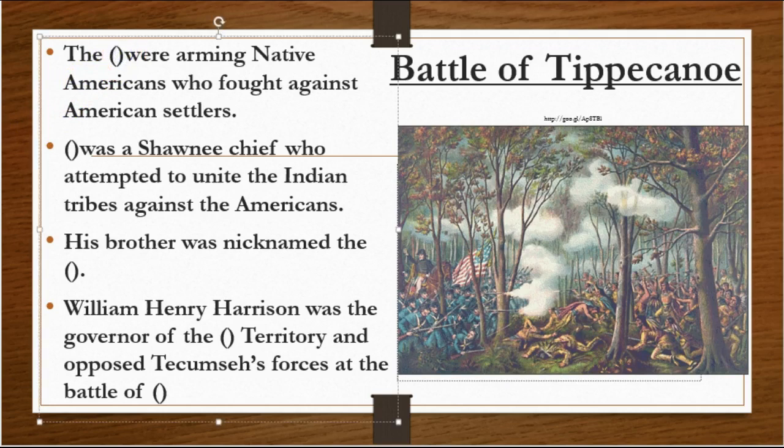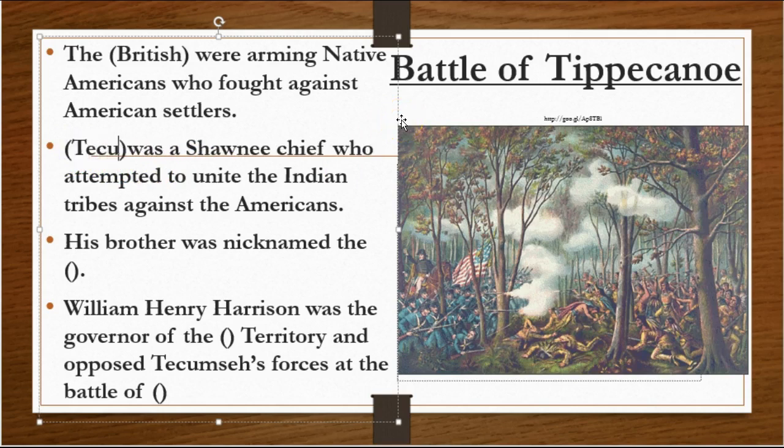And as this was going on, leading up to the War of 1812, we had something else going on. The British were still giving guns and ammunition and weapons to the Native Americans, who were then turning around and fighting against American settlers. One Native American in particular was really instigating and trying to fight back against the Americans.